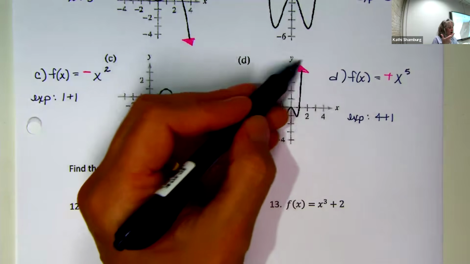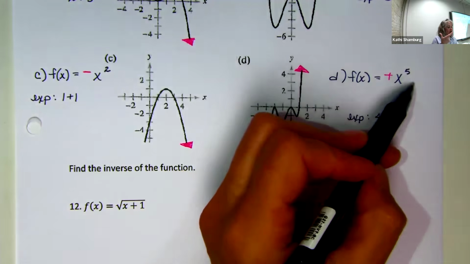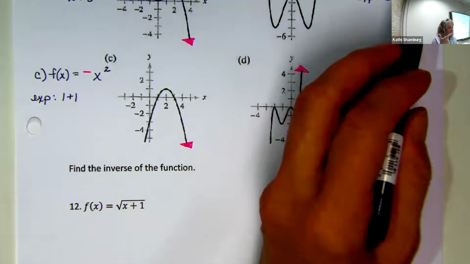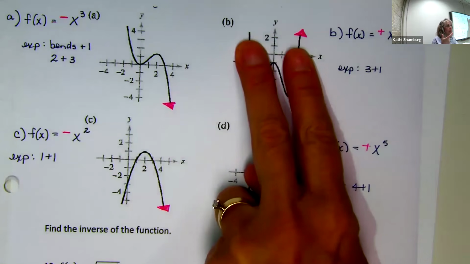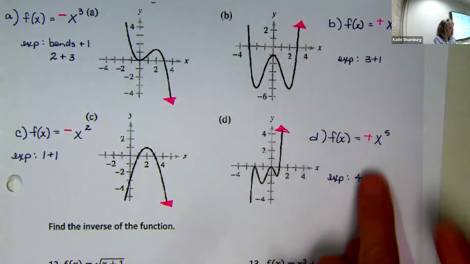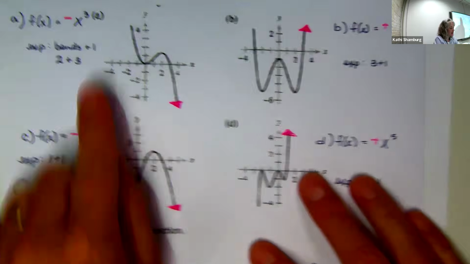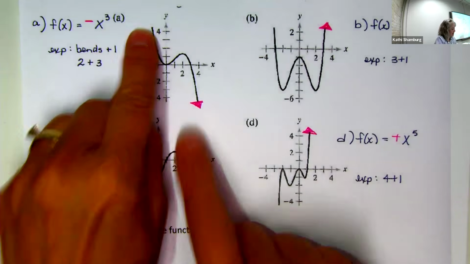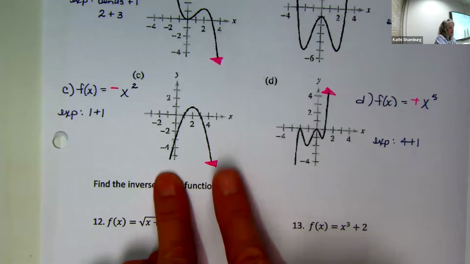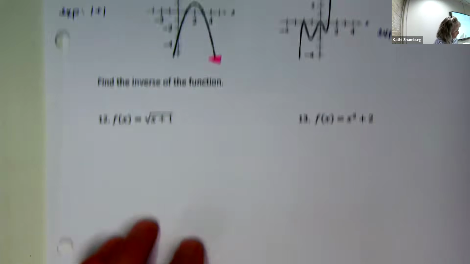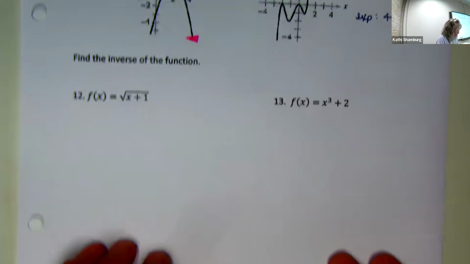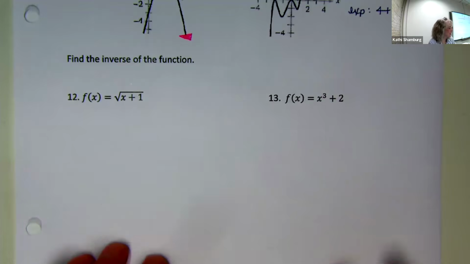And then once I know what's going on in the far right, whether this is even or odd, if it's even, they're both up. If it's odd, they're opposite. If this is down, this is down. Does that make sense? Yes. Yeah. I got that C. Yes, I know that one. All right. Anybody else have any questions?